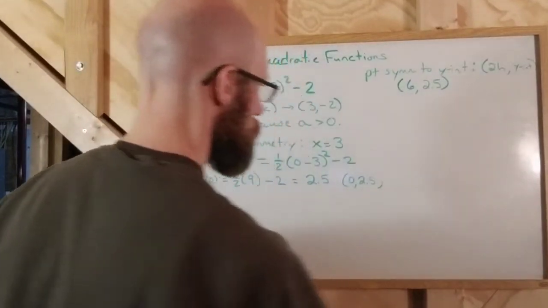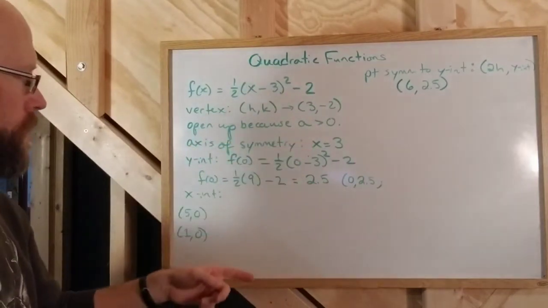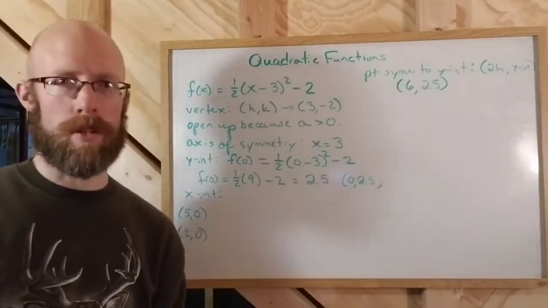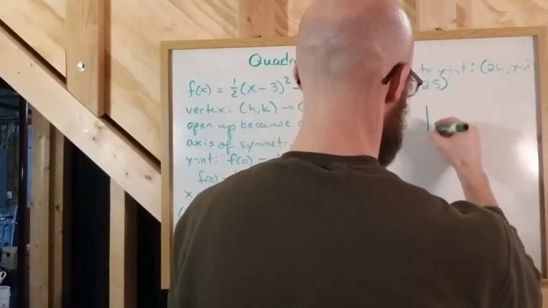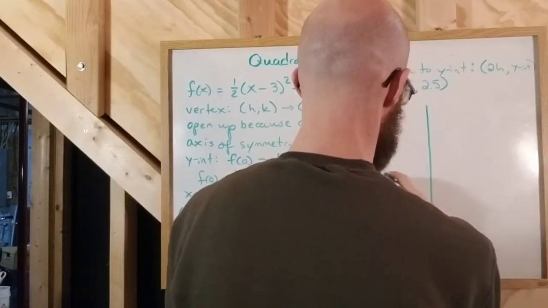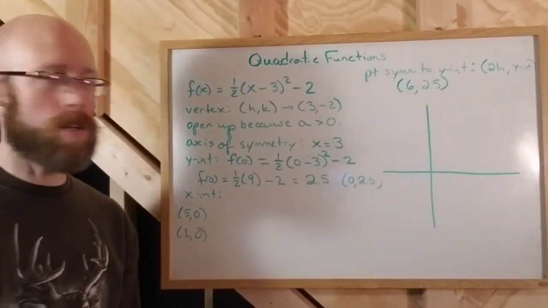All right, everything else can be plotted. So your vertex, axis of symmetry, y-intercept, x-intercepts, and the point symmetric to the y-intercept. I already have a good idea what it looks like based upon what I just sketched.